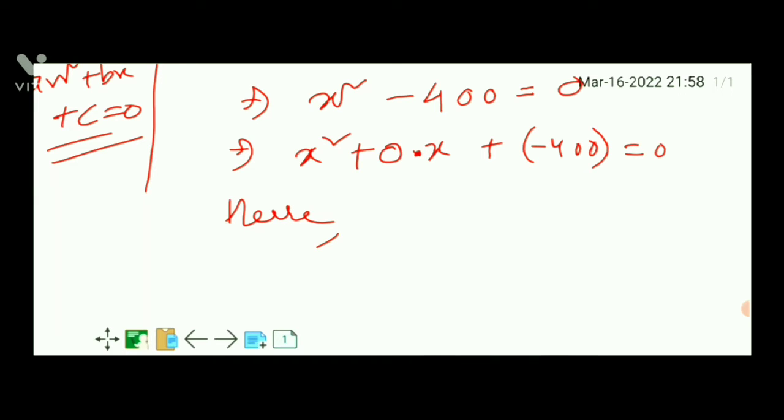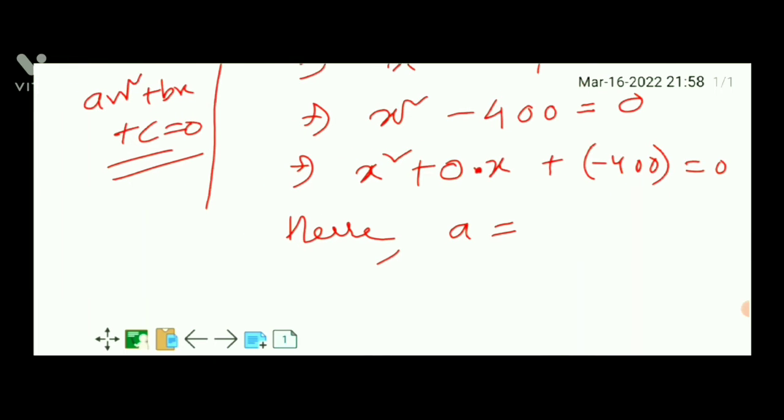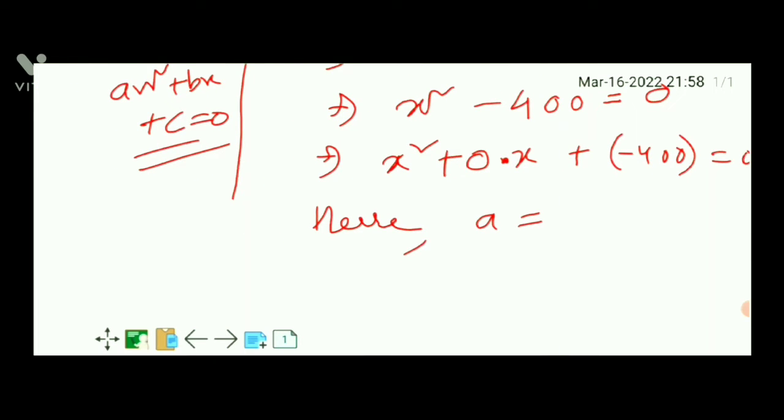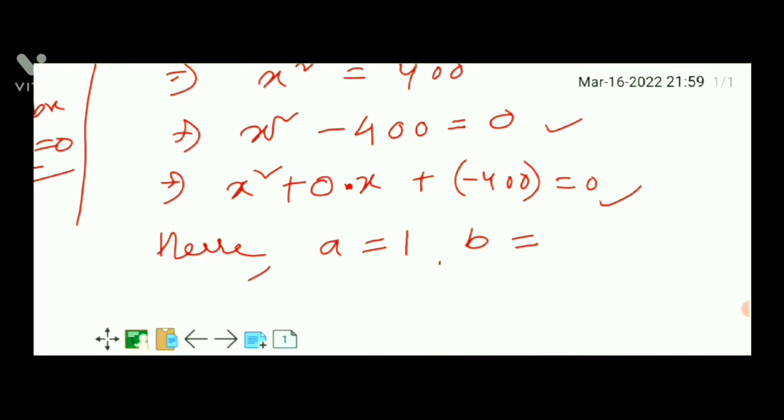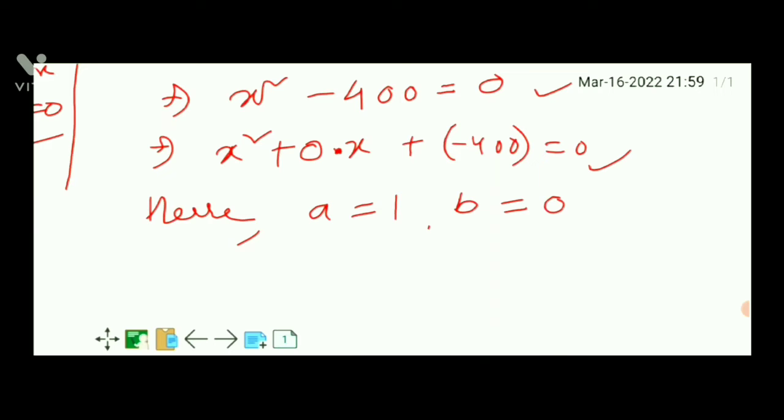So here, what is a? The term associated with x square is a. Here with x square there is 1, so a is 1. Here b we can write 0. Then c is the term without x, that is minus 400.